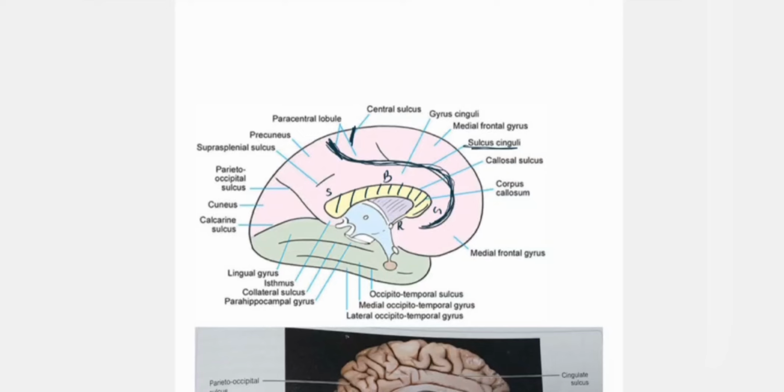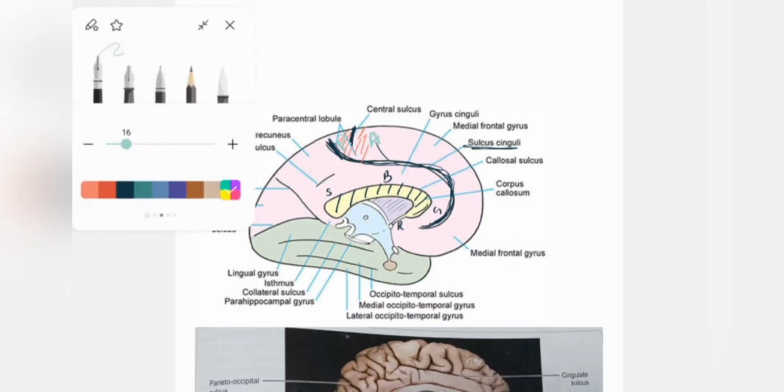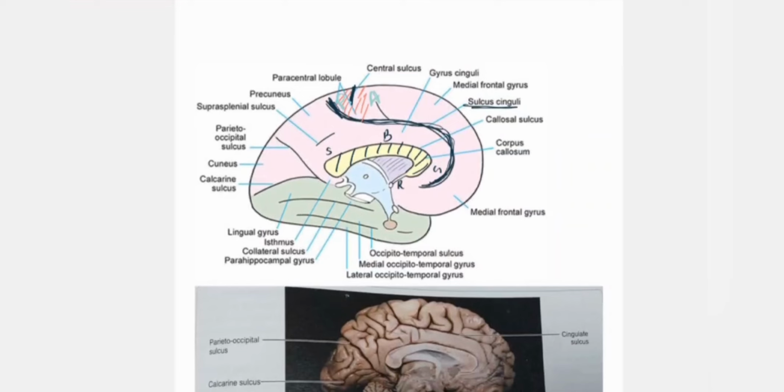That is, this central sulcus and the cingulate sulcus form a U-shaped area. And this area, which is marked in red, is known as the paracentral lobule. And this paracentral lobule is divided into anterior and posterior aspects. And the area in front of this paracentral lobule, this region, is known as the medial frontal gyrus.